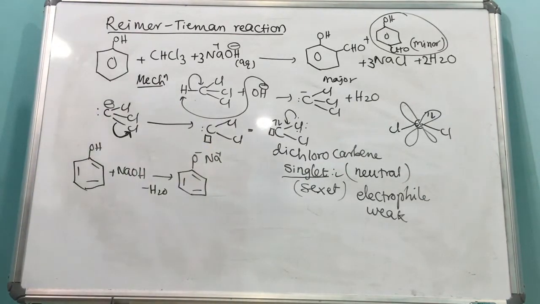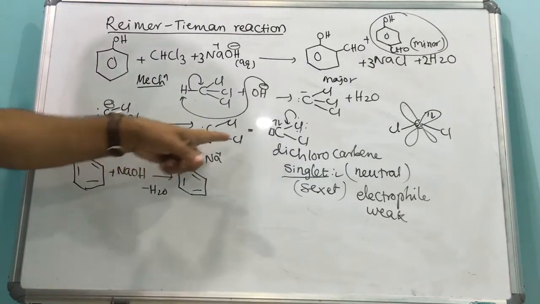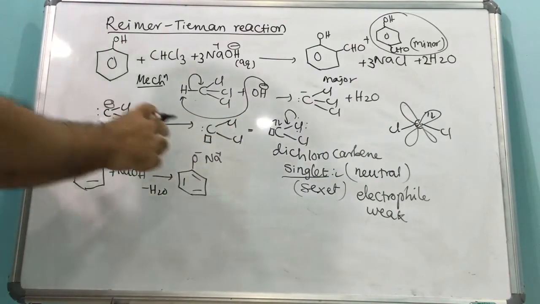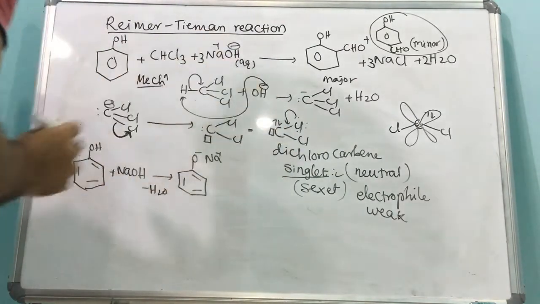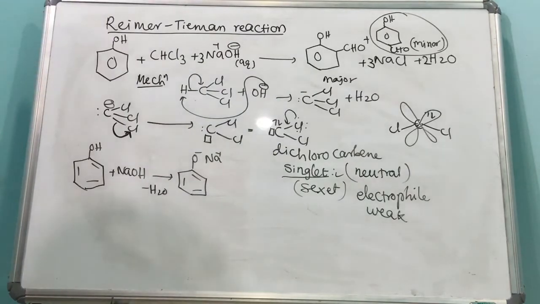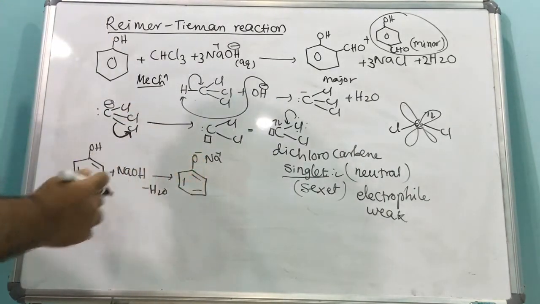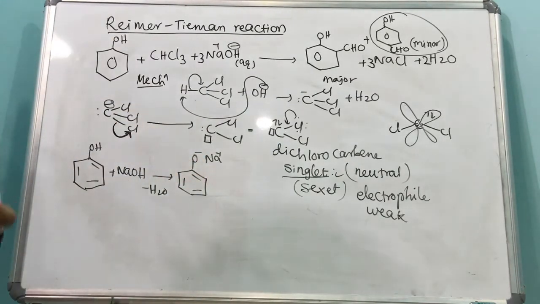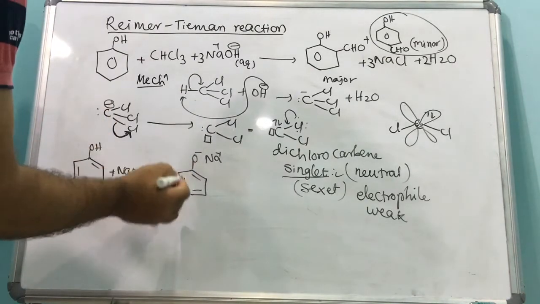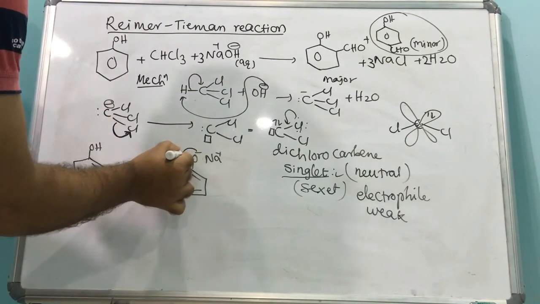Now the question: this is a negative charge, this is an electrophile, so this negative charge may attack this electrophile. That possibility is also there, but the nucleophilic character of the phenoxide ion is weaker than that of the delocalized part.